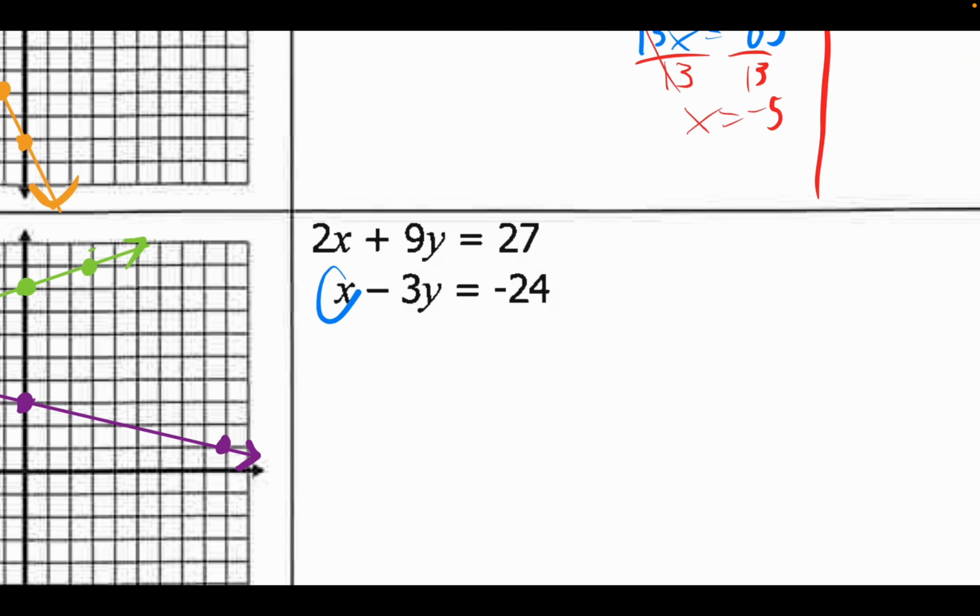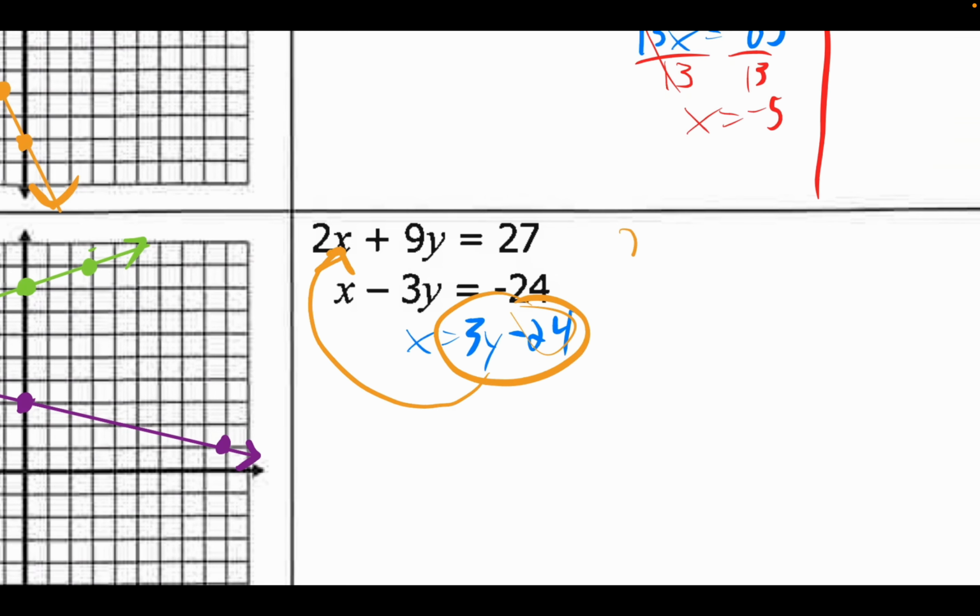Once I solve for x in this equation. Solving for x in this equation is x equals 3y minus 24. I plug this into the top equation for x, and I get 2 times 3y minus 24 plus 9y equals 27.